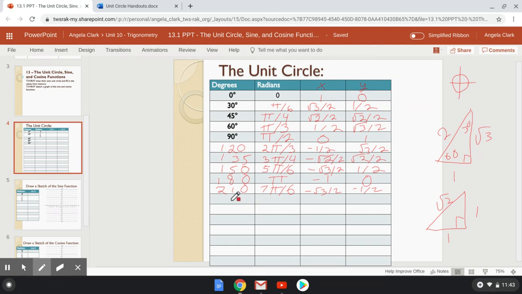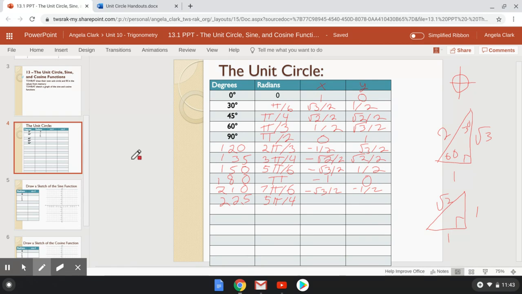So then the next one is going to be our 45-degree angle. So 180 plus 45, or 210 plus 15, which is 225. And so that is going to be 5 pi over 4.